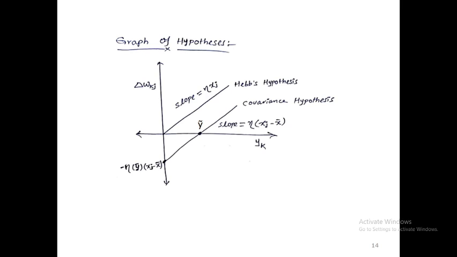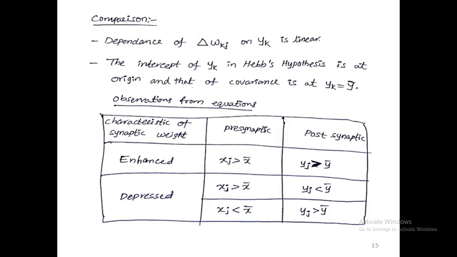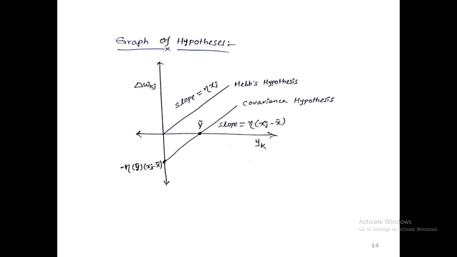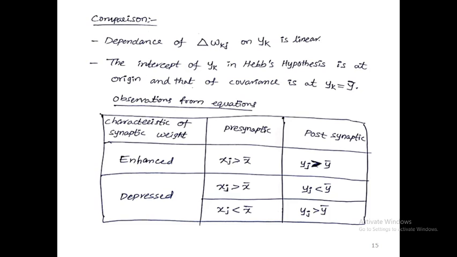The corresponding slope of this line is del wkj over yk, so the slope becomes neta into xj minus x bar. If we compare the two, the dependence of del wkj on yk is linear in the Hebbian hypothesis, a simple linear line, and both are linear.